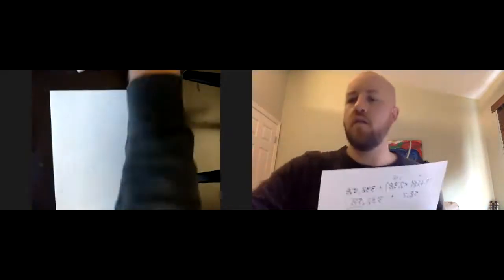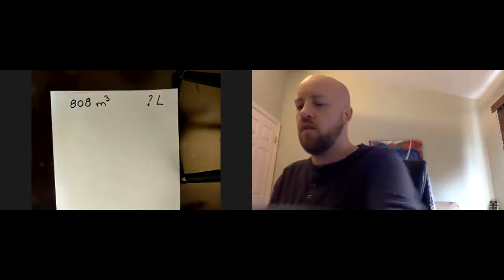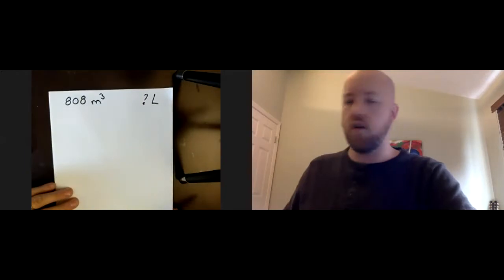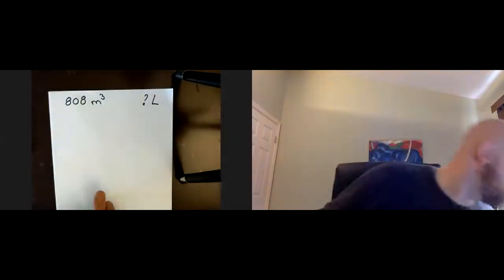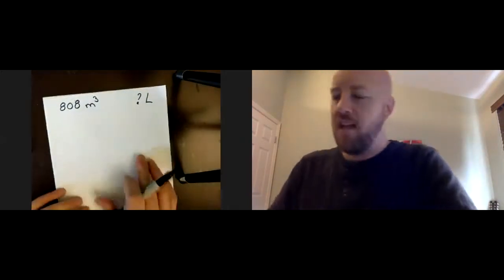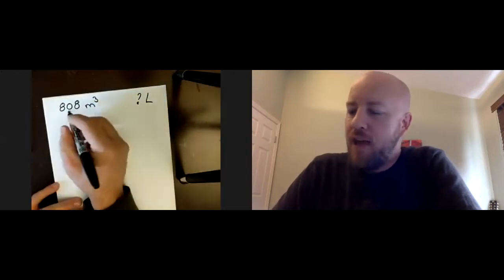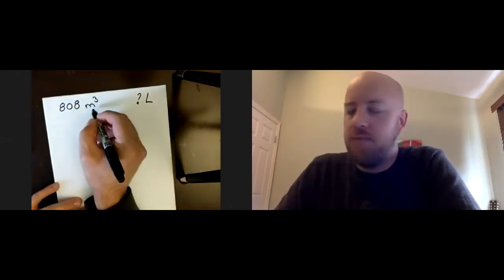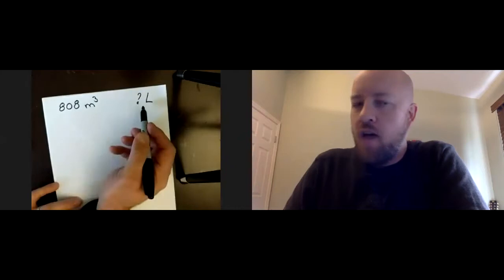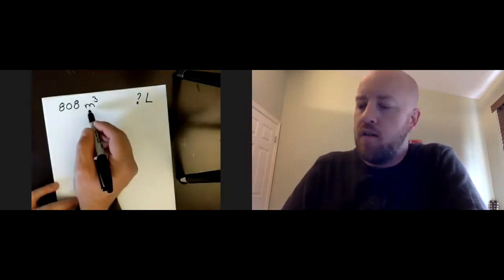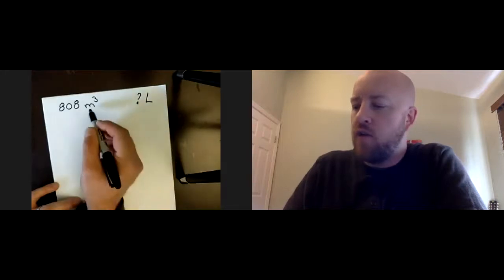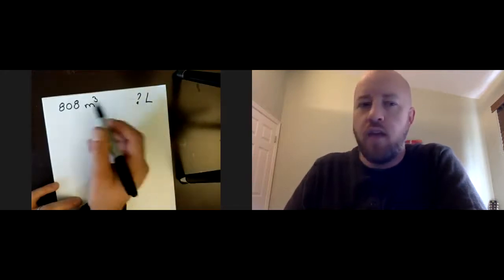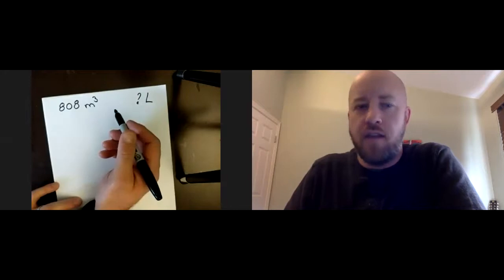Let's look at another problem that deals with unit conversion. We have 808 meters cubed, and we want to know how many liters that is. If we don't have a direct conversion of meters to liters, we can go through some intermediate steps.